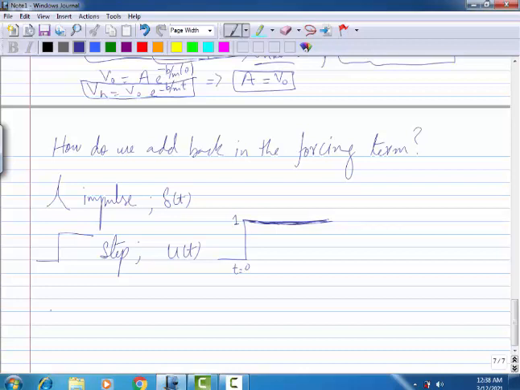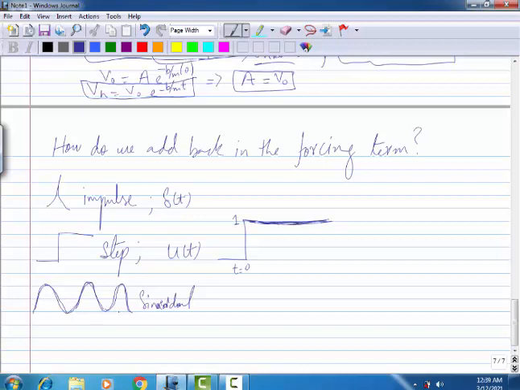There is another important input that we use for analysis purposes, known as sinusoidal input. We normally use this input for frequency analysis because it has frequency in it, and we just want to look at the system this much.